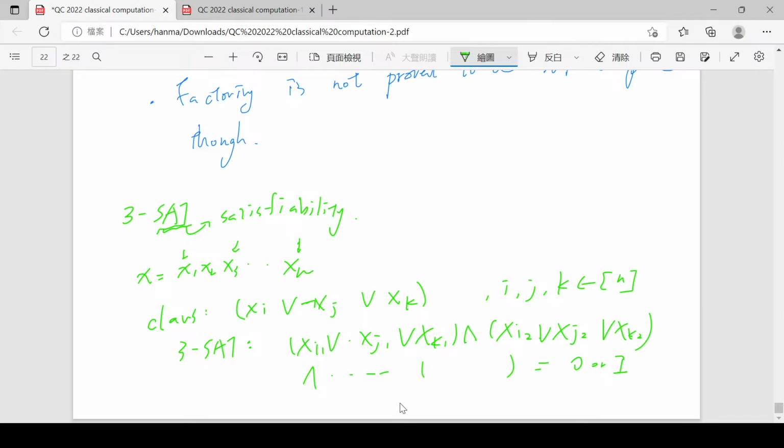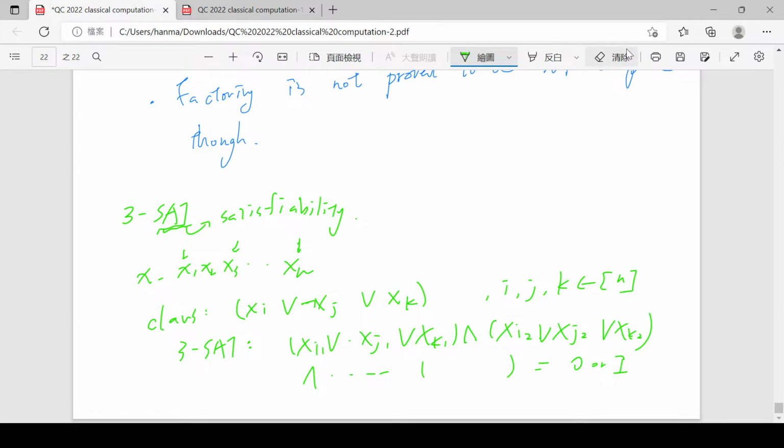And it's satisfiability because basically you want to see whether this logical expression is satisfied or not. And this is in NP because, oh sorry, I always mix this up. This x is not the input, but x is basically the witness. The input is this structure, and this is satisfiability.